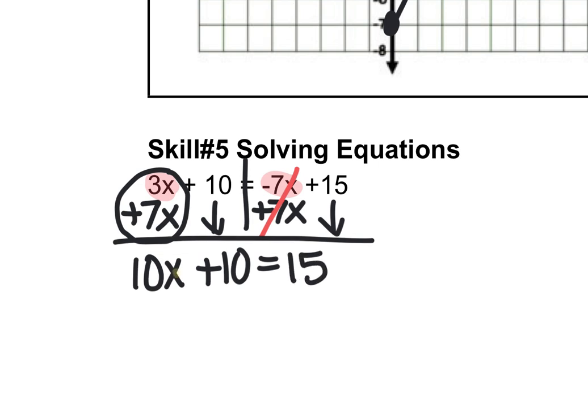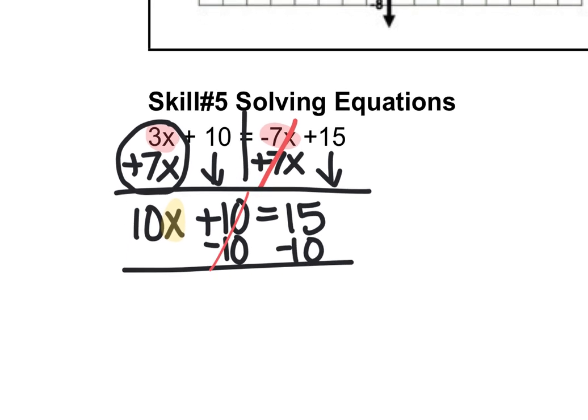Now my variable x is here, so I have to get rid of the plain number first. Opposite of a plus 10 is a minus 10. So then I'm going to subtract 10 on both sides. Bring down 10x equals 15 minus 10 is 5.